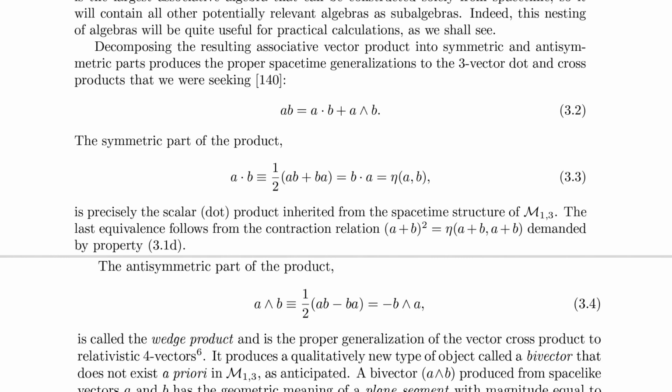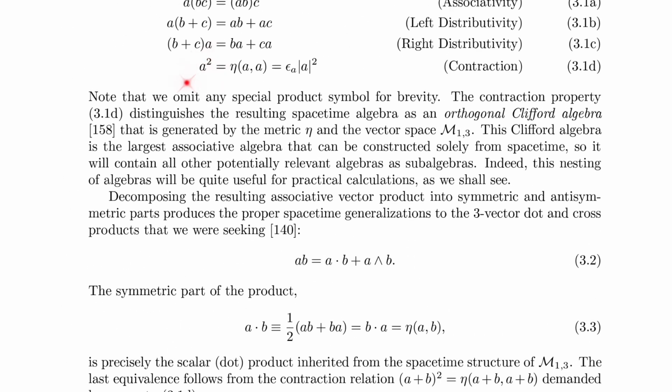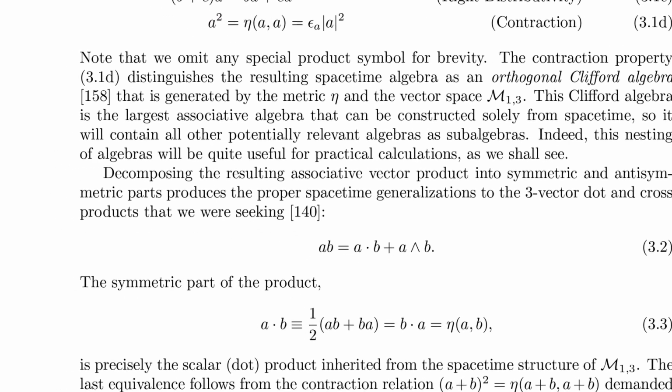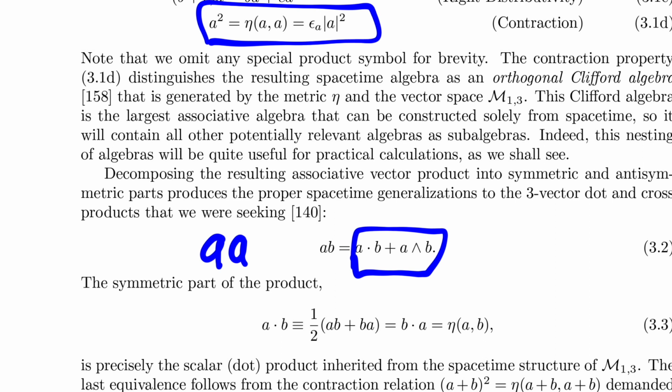And just to try my best to be clear, this spacetime product is not scalar. The only time it's scalar is when you're doing the spacetime product with a vector by itself, right? So if we had A, we would expect everything here to be scalar because of this axiom, right?